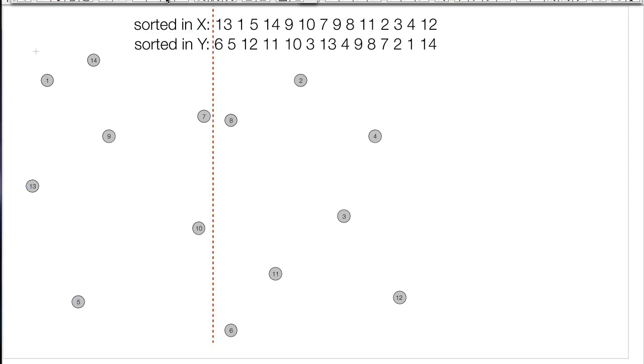So once we have a sorted X and a sorted Y list, then it's very easy to compute the middle point in this step. And in the next recursive step, we know that the points are right here. It's also very easy to draw the line. So having a list of sorted points in X order can really help you do that first step of the algorithm.